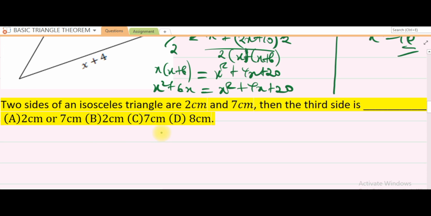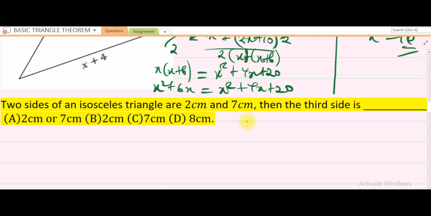So the answer could be 2 or 7. But there is a problem here. Before we conclude, some people might just choose A. We need to be careful because we need to apply the triangle inequality theorem, which states that the third side must be greater than the difference and less than the sum of the other two sides.